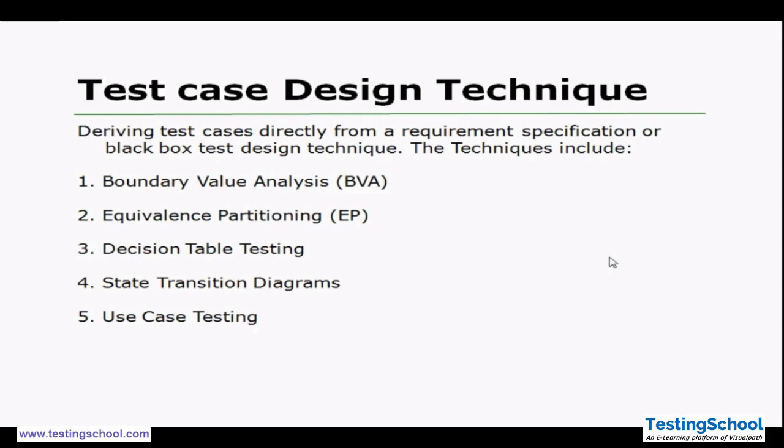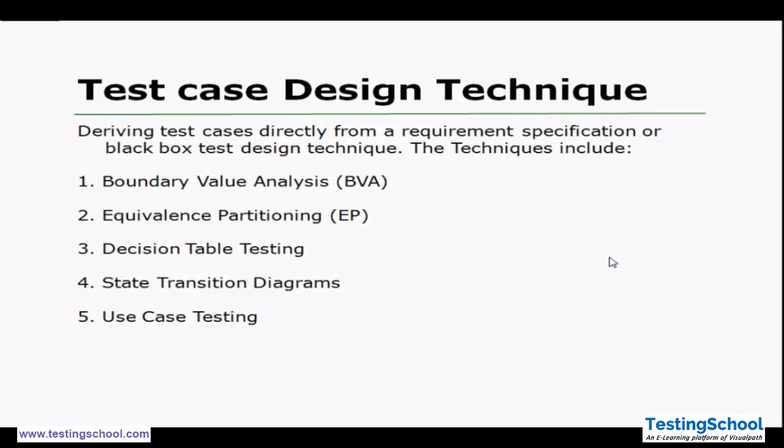Then we have equivalence partitioning. In equivalence partitioning, we create certain valid scenarios and certain invalid scenarios, and we do our testing based on that. Then we have the decision table. We create a table and based on that, we take our decision to test the application.